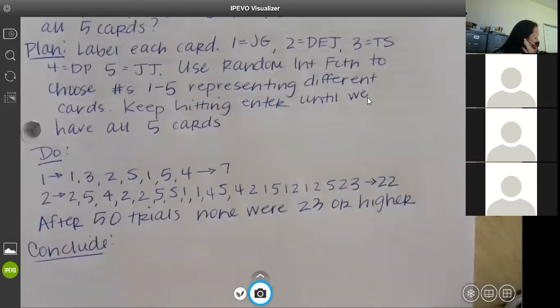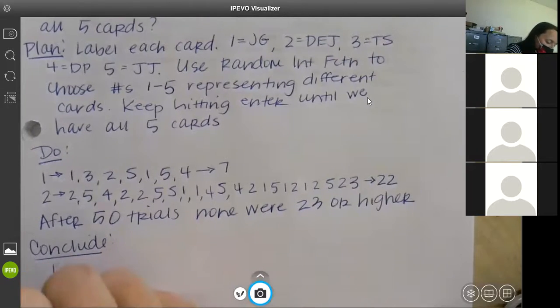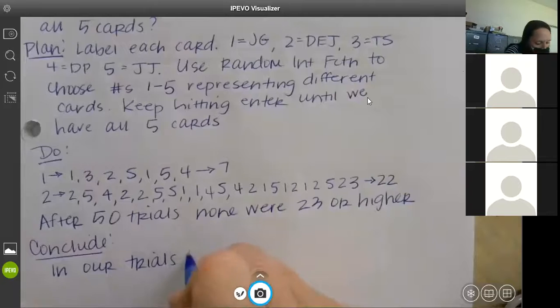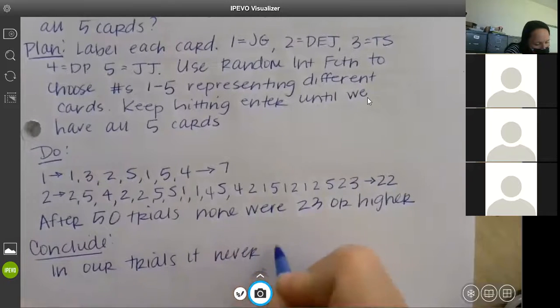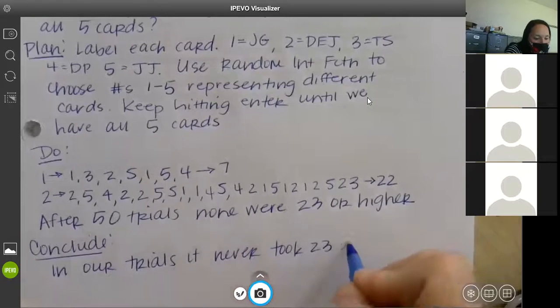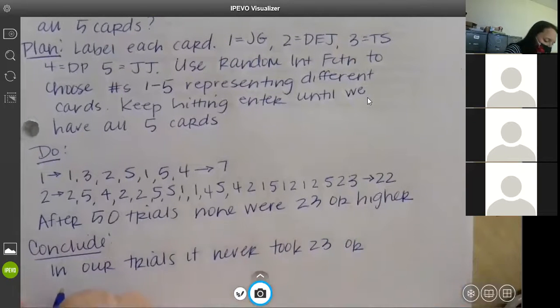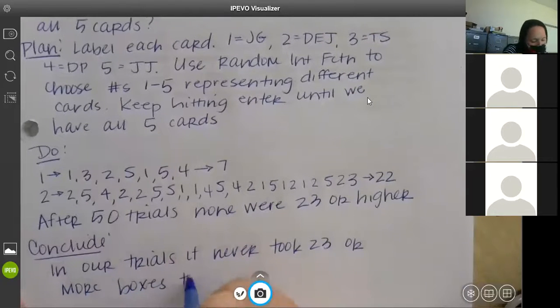So what can you say? Guys, what can we conclude? Come on. That the probability is highly unlikely and usually not possible. Not just highly unlikely, but not possible. So in our trials, it never took 23 or more boxes to get 5 cards.